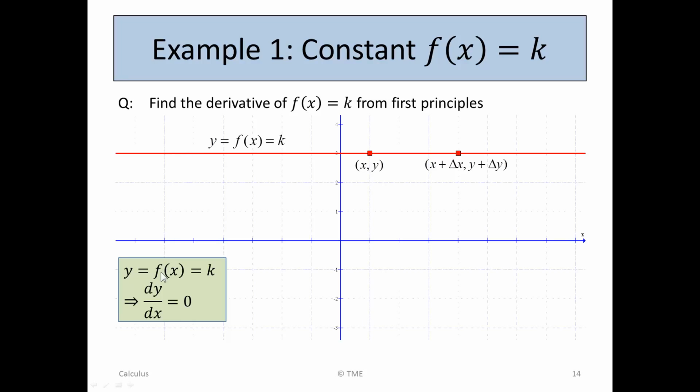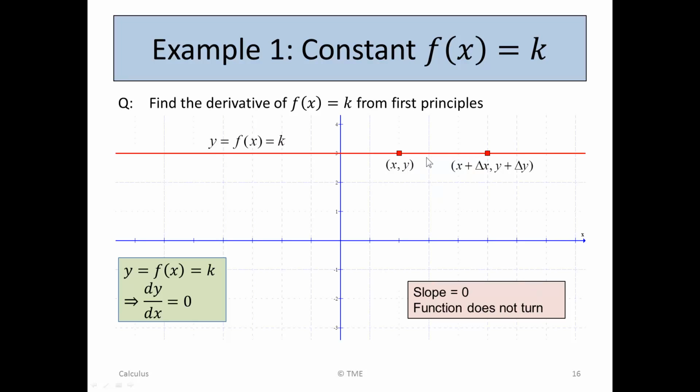So for any constant, y equals f(x) equals k, whether it's y is 3, y is 7, y is minus 2, dy/dx of a constant is 0. The slope of this red line is 0, and the function does not turn. It never increases nor decreases.